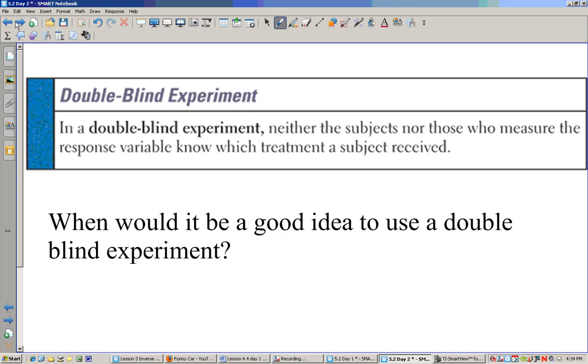Double-blind experiments. In a double-blind experiment, neither the subject nor those who measure the response variable know which treatment a subject received. This is really common in medical studies, where the nurse that walks into the room to give the patient the pills doesn't actually know which pill is a placebo and which pill is the actual drug.